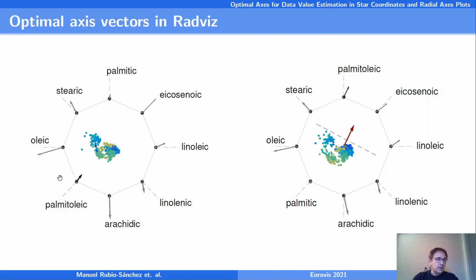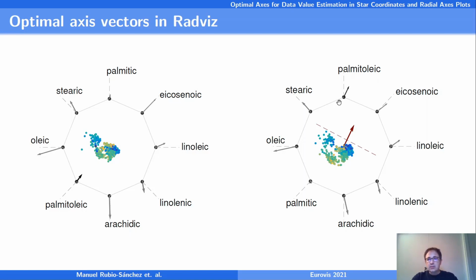The palmitoleic variable should probably be placed somewhere around this zone. So we've done that, and we've swapped the palmitoleic variable with the palmitic one, and now we have a better ordering of the variables around the radial circle.